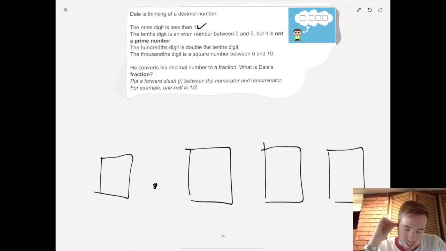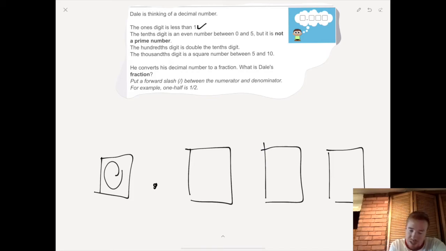The tenths digit is an even number between 0 and 5, but it is not a prime number. So your choices are 1, 2, 3, 5. You've only got 2 and 4 that are even, and 2 is a prime number, so it must be 4. The hundredths digit is double the tenths digit, well that must be 8.